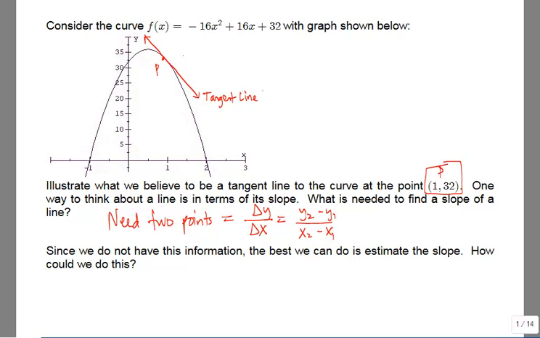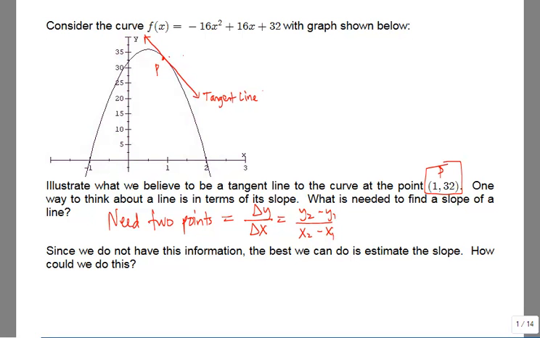So what's another way that we could come up with a second point so that we could figure out our slope? Well, what we're going to do is estimate our slope. We're not going to be able to necessarily find it exactly, at least not right away. What we're going to do instead is estimate the slope by potentially picking a point that should be pretty close to this tangent line.